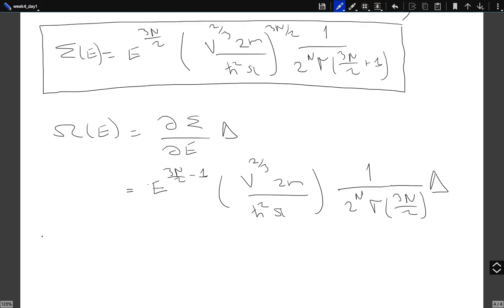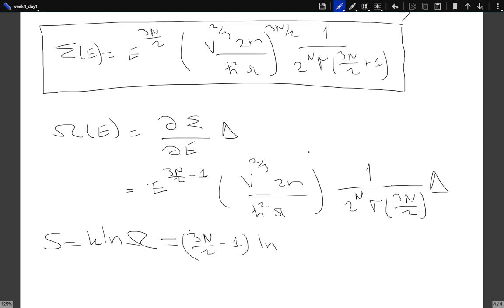Now we can just write the entropy. You also have a 3n over 2 factor, right? Now you see, there is this gamma 3n over 2 plus 1. I cancel the 3n over 2.